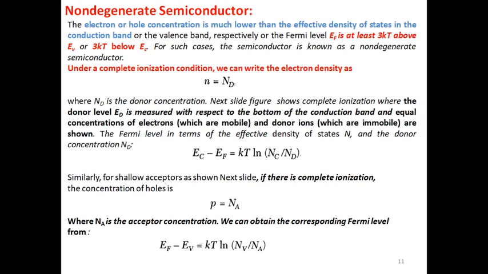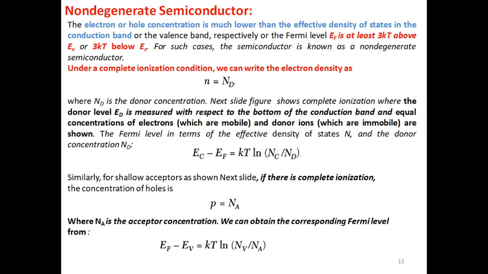Then we go for the complete ionization condition, where the carrier concentration, the number of electrons per unit volume, is n equal to Nd. What is the Nd here? Nd is nothing but the donor concentration, because the carrier concentration of electrons is equal to Nd for the N-type semiconductor.